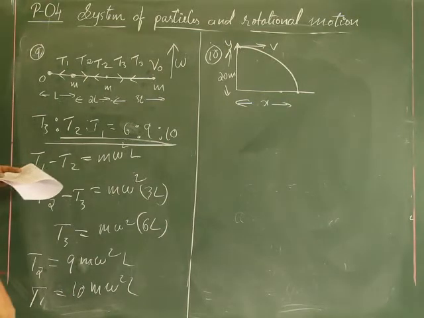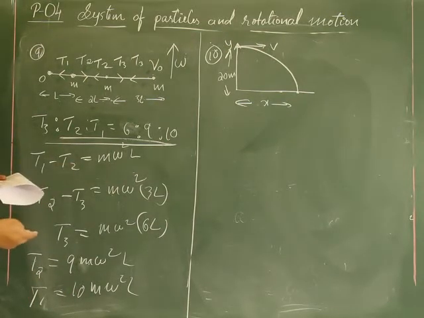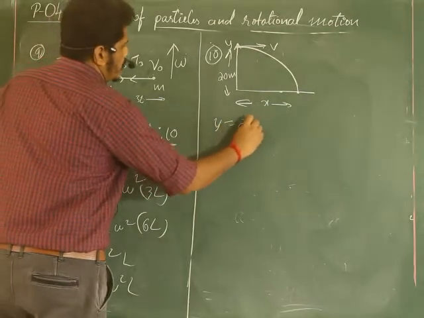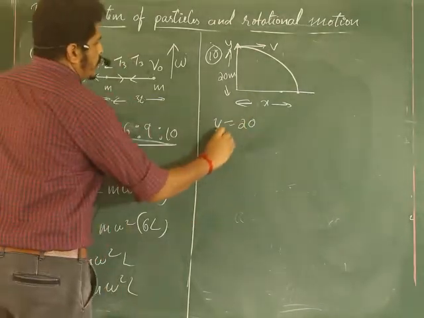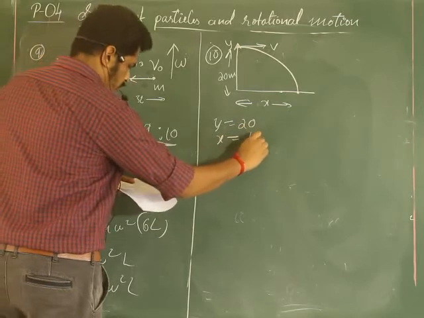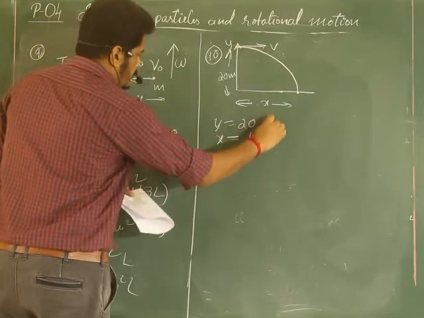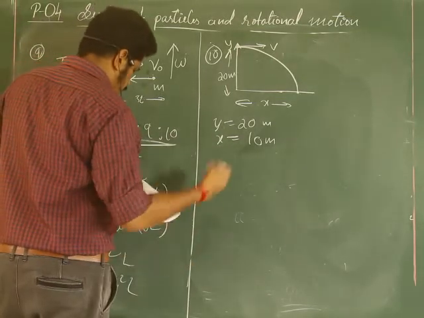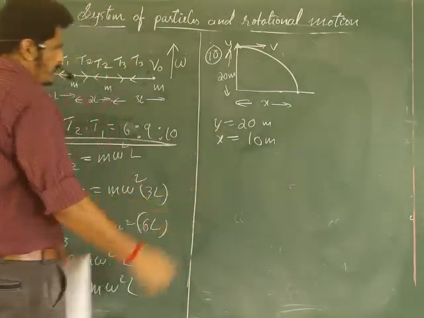So let us note down what they have given. The y value is 20, and the x value, the range, is 10 meter. The v value we don't know.